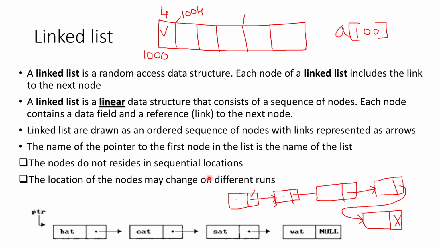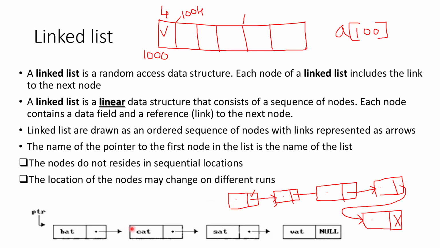Each node contains at least two pieces of information. One is the link to the next node. The other one is the information field. To create this node, we have to make use of the concept of structure. A linked list is drawn as an ordered sequence of nodes with links represented as arrows. This is the arrow that you have to use here. The starting point of the arrow is the source node, and the arrow points towards the node following it.